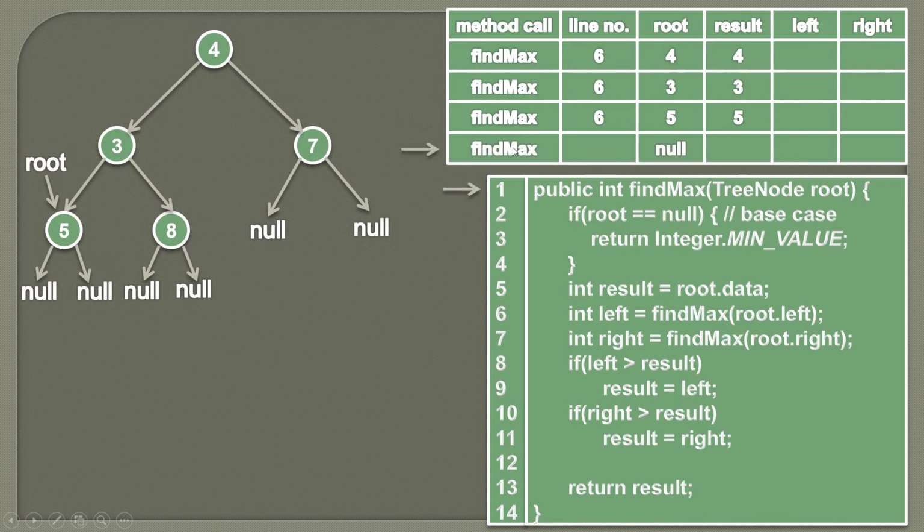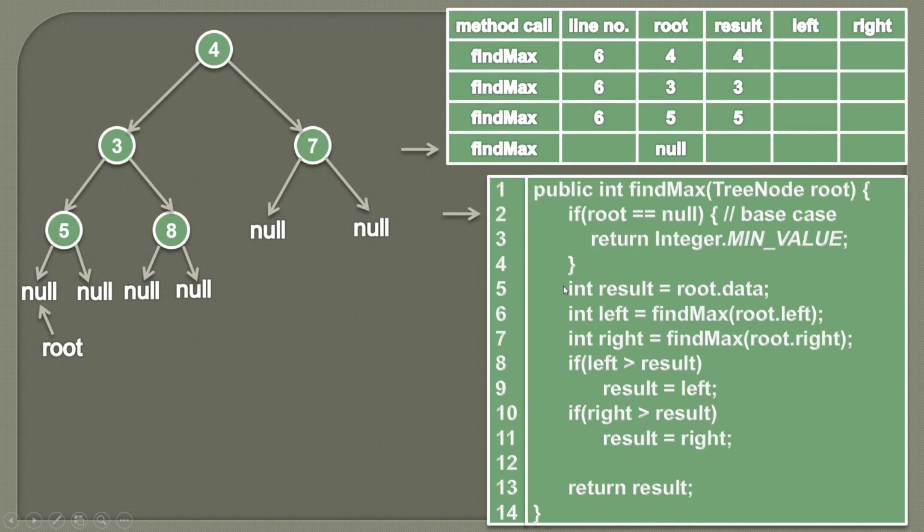So there will be one more method on the call stack, but this time the root's value will be null because 5's left is null. Here we are calling root's left, so root's left is null. So now root will point to null.